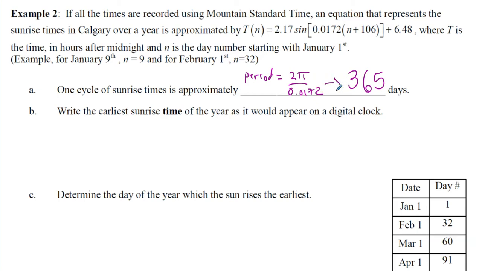Write the earliest sunrise time of the year as it would appear on a digital clock. So the earliest is the minimum.